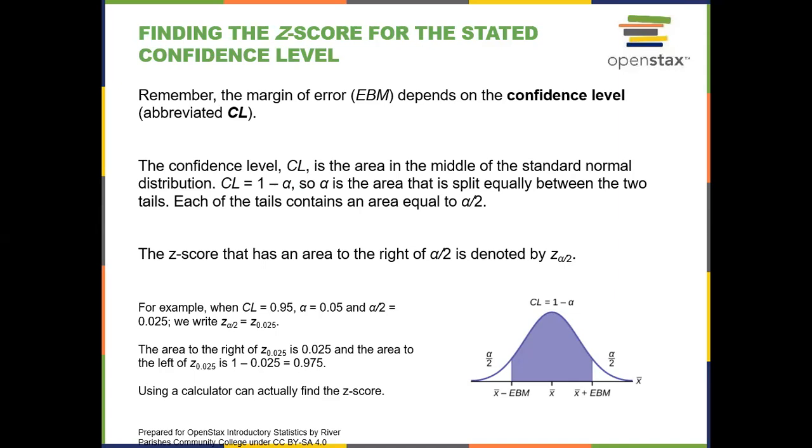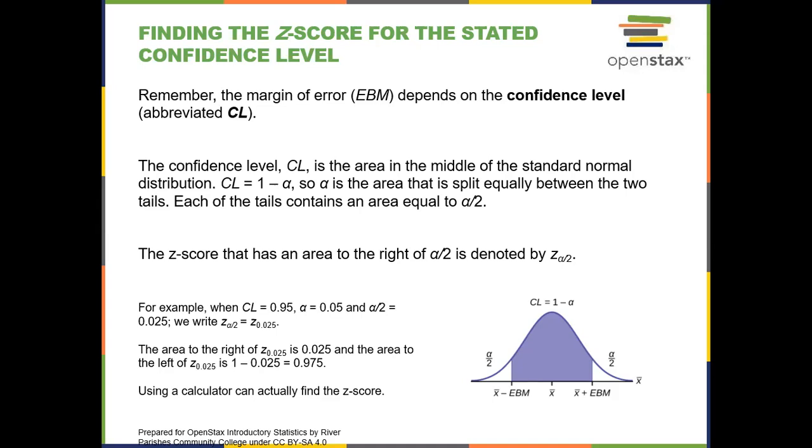Now the question is, suppose your confidence level is 0.95. Then alpha is 1 minus 0.95, which is 0.05, and alpha by 2 is 0.05 divided by 2, which is 0.025. So we want to find z alpha by 2.